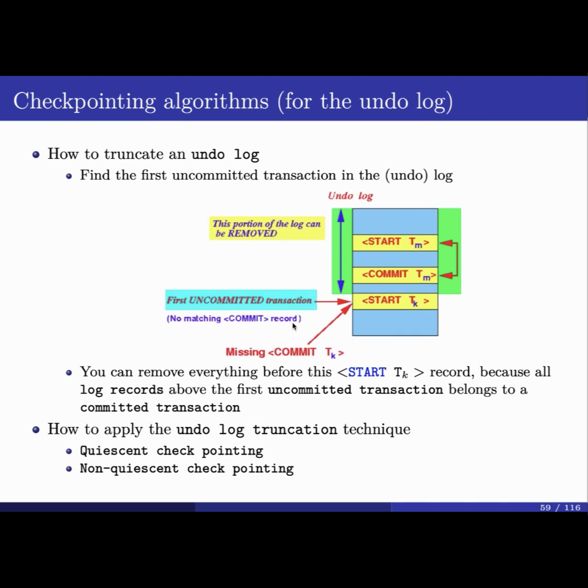As a database management system, stop accepting any new transaction. I wait for all the active transactions that are still uncommitted to complete, until they are committed or aborted. In other words, they must be completed first.